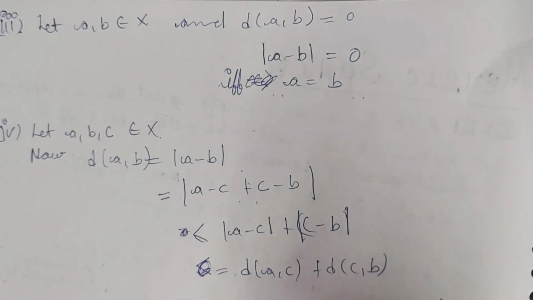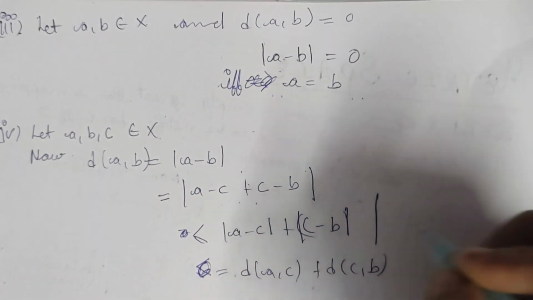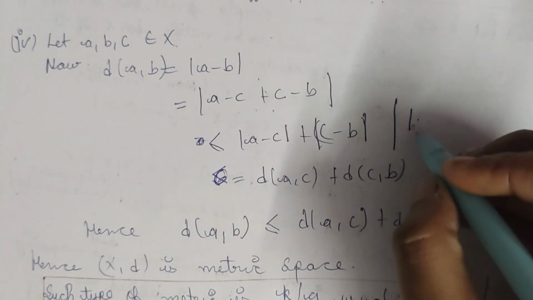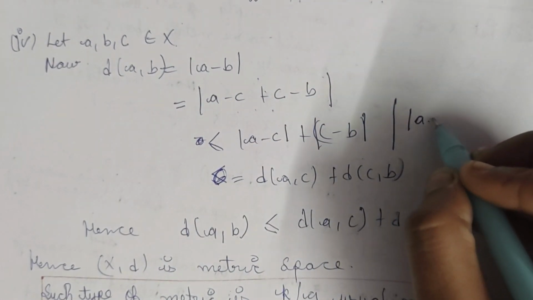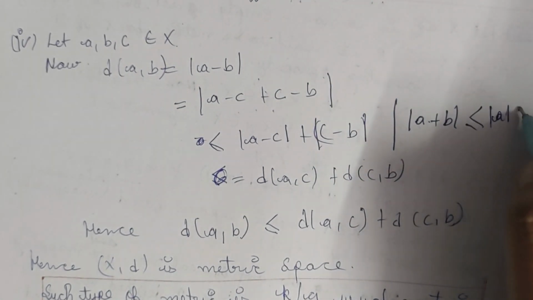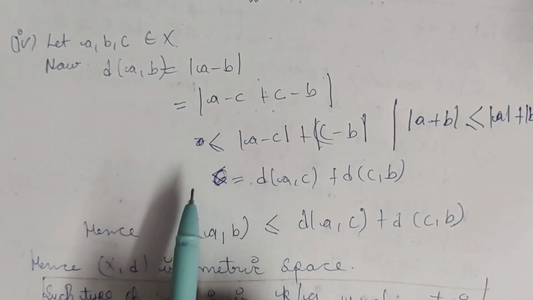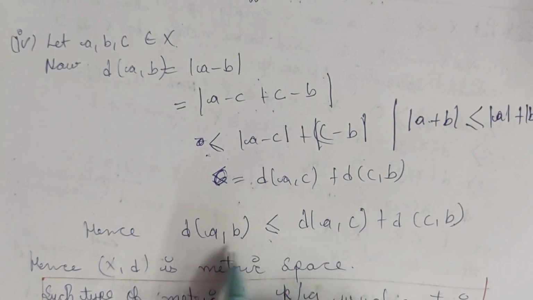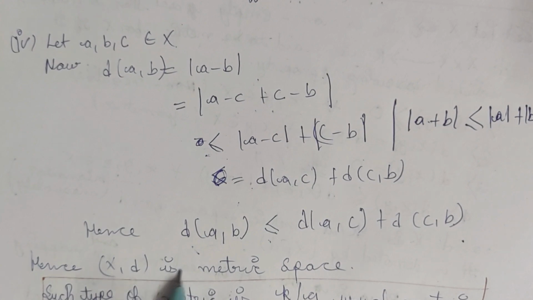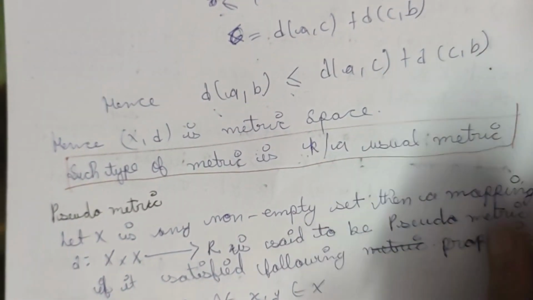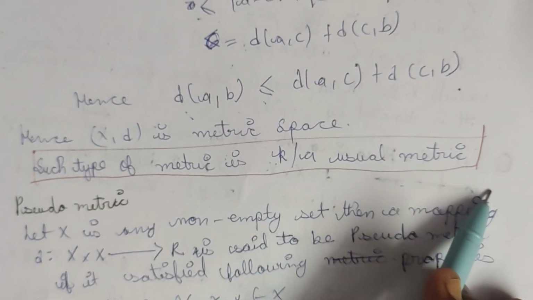We use the property that modulus of a plus b is less than or equal to modulus of a plus modulus of b, and on solving we prove this triangular inequality. Hence (X, d) is a metric space, and such a metric space is known as the usual metric space.